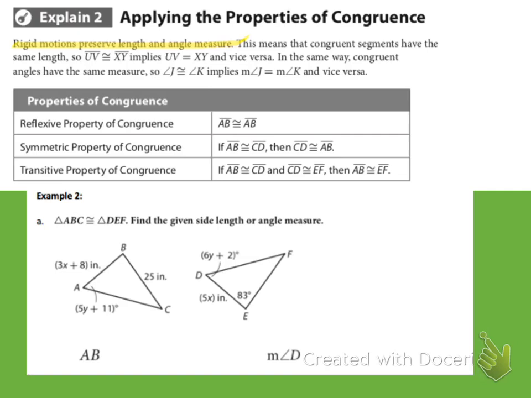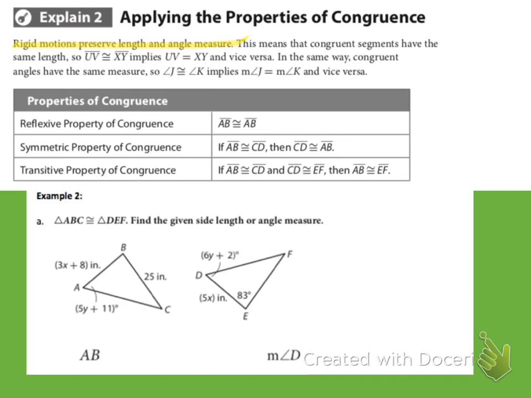This is a point where we're going to pick up on some properties that we learned in the first module. We're going to extend them out to congruence. We learned that they were properties of equality. They were the reflexive, the symmetric, and the transitive property.